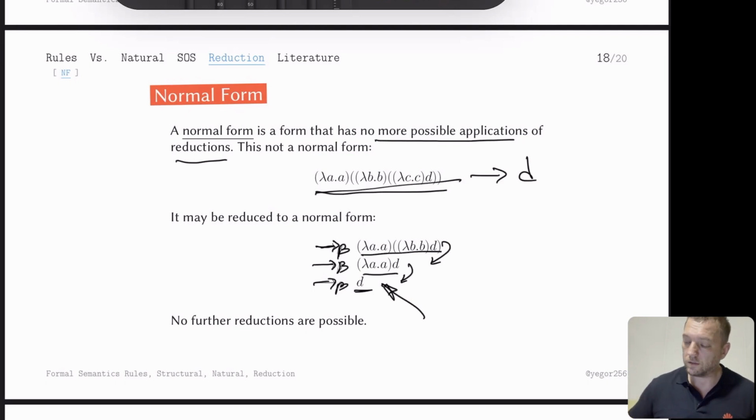And there are questions of how you can prove that you can reduce, and you will stop at some point. So there is a question in general for formal descriptions of reduction rules, rule sets: the question of termination.